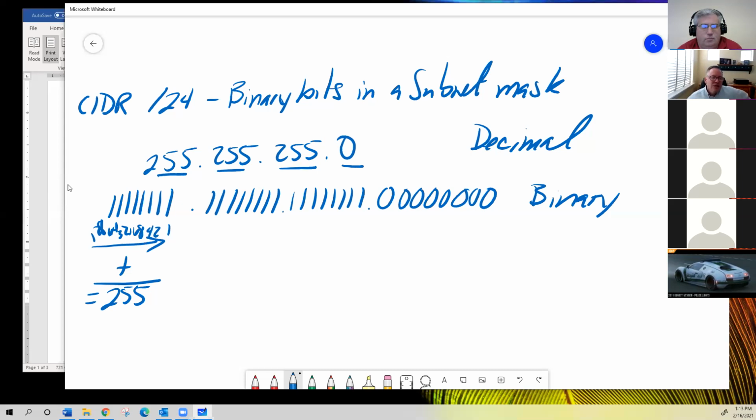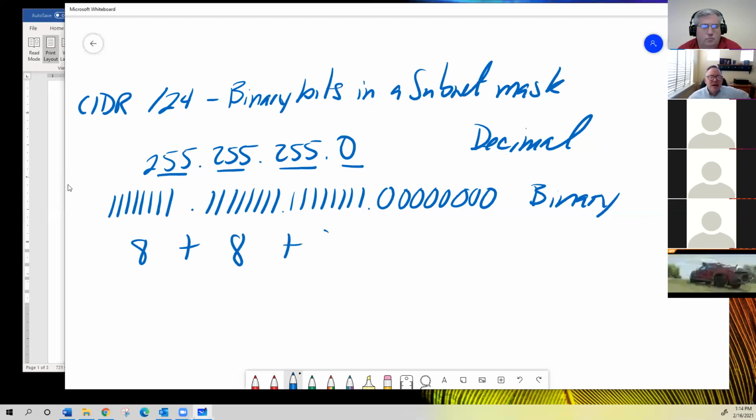All right. So this is the first 8 bits here, plus 8 more bits, plus 8 more bits in binary, and that's where the ones stop, right after that third octet.